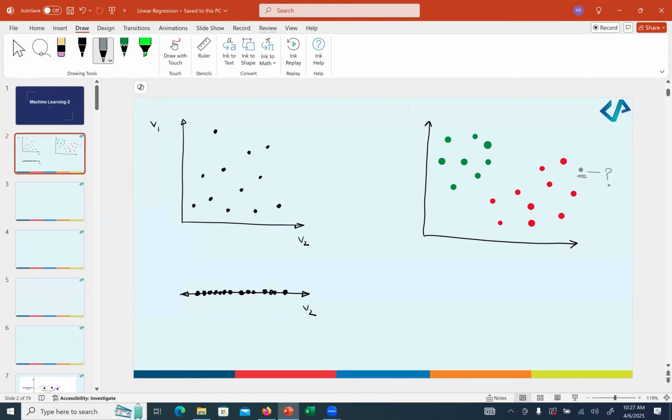But when you increase the dimensions, the points start going further and further away from each other. When you take an unknown point and try to see what it looks like, does it look red, green or yellow, by looking at the other points around it, you will not be able to find any other point around it.